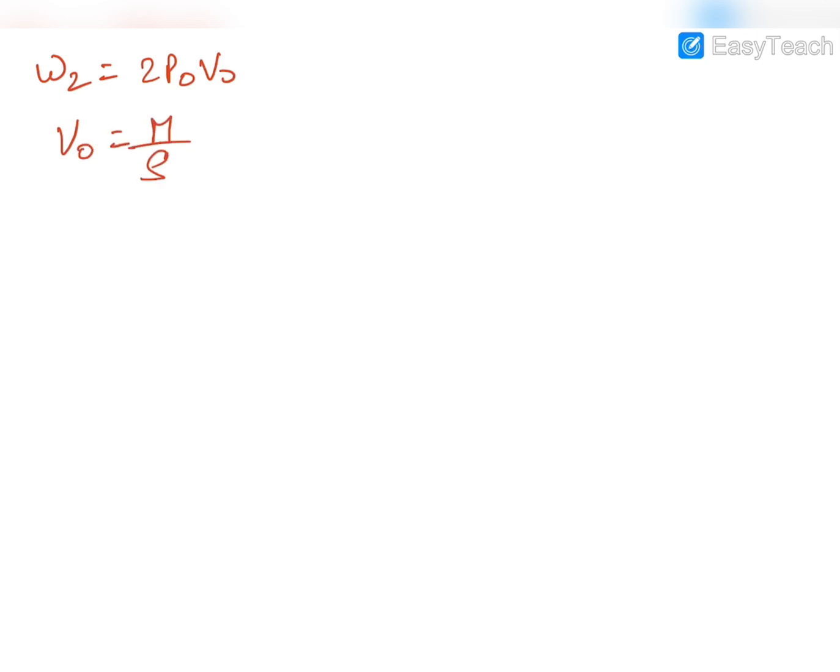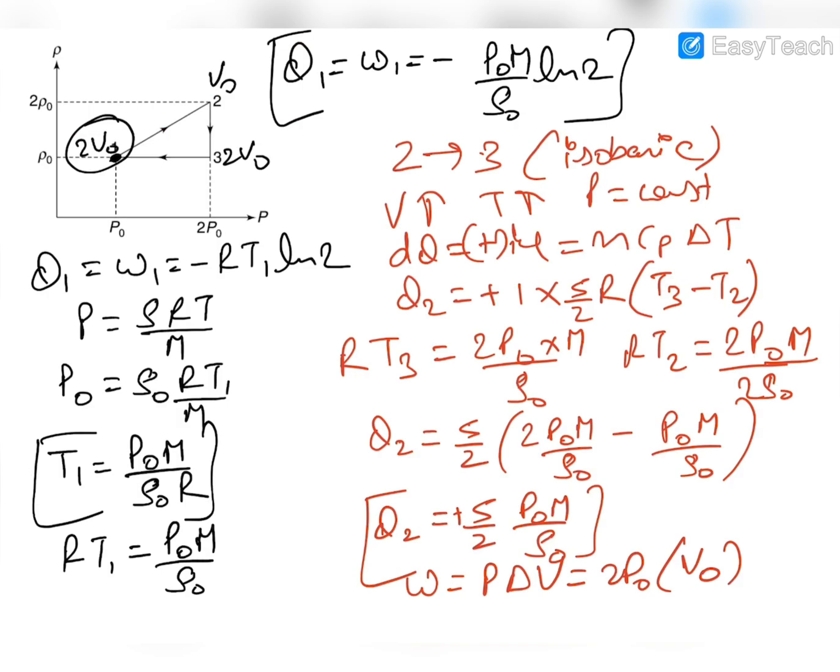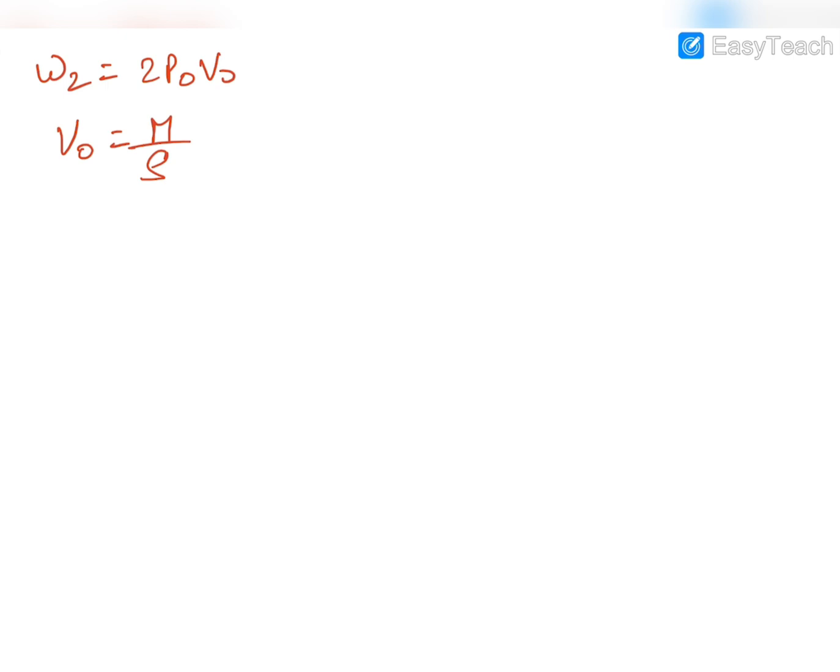And I have already discussed that this mass is the molecular mass because the number of moles is 1, and if V naught is the volume at this point, then density will be 2 rho naught. So work done will be plus P naught M by rho naught.